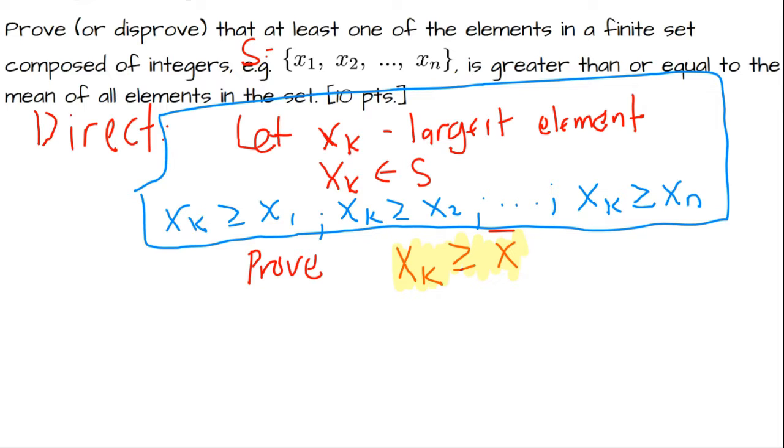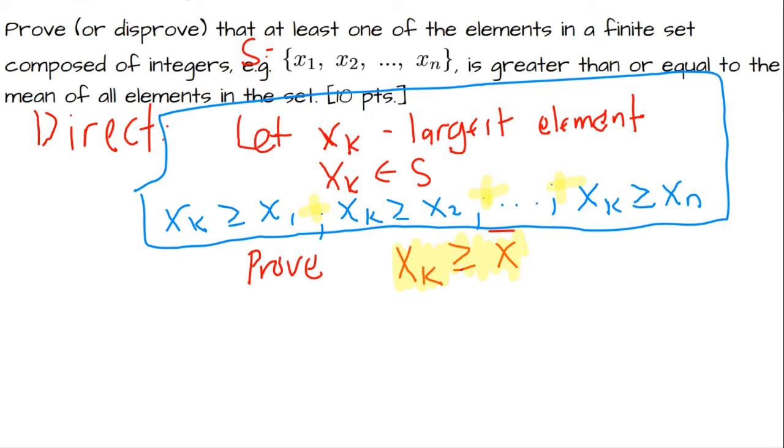The way we go around with that is by simply adding the elements in the assumption. Say we add x sub k greater or equal to your first element, plus x sub k greater or equal to your second element, up to x sub k greater or equal to the last element.